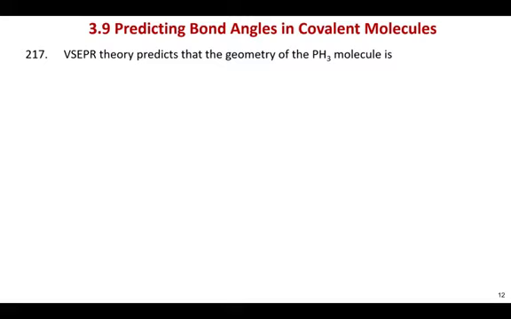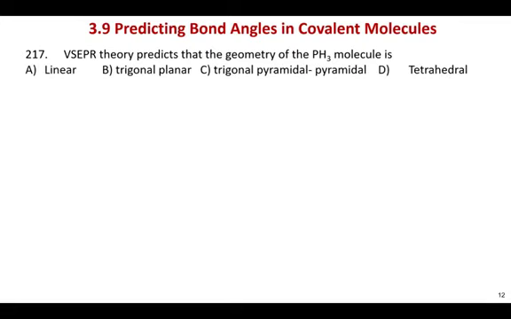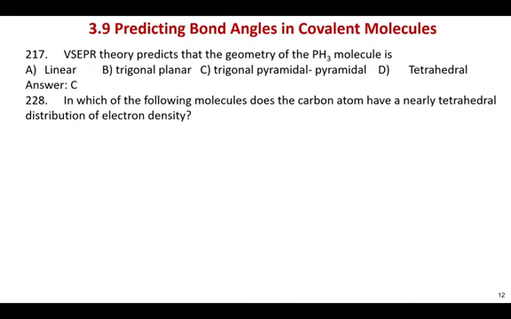The Lewis structure of ammonia is trigonal pyramidal. Therefore, PH3 should be the same. Trigonal pyramidal is C. We use the periodic table because elements in the same group form the same Lewis structures.